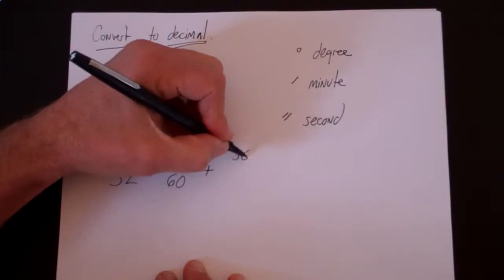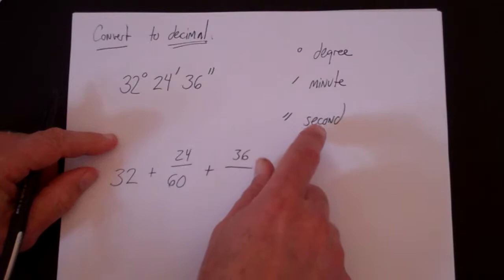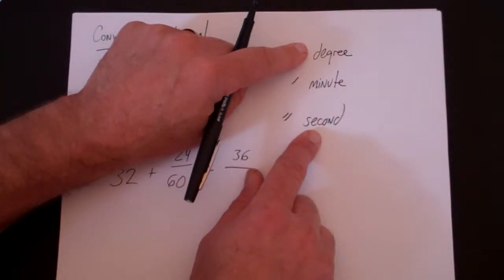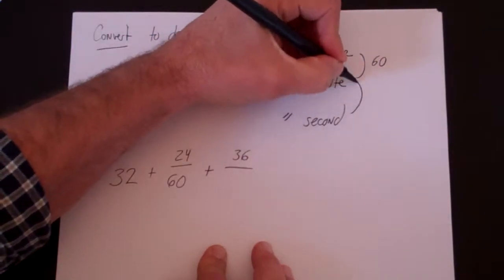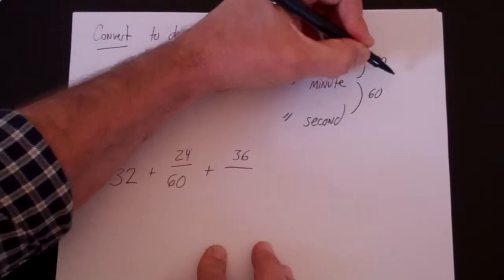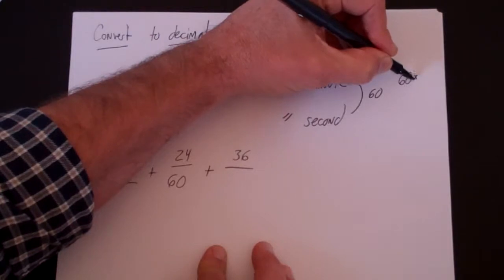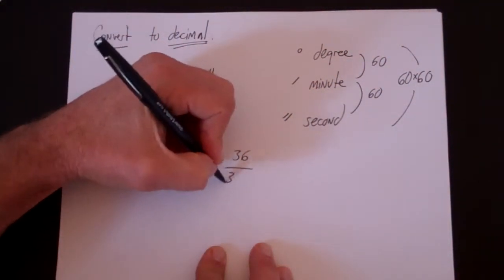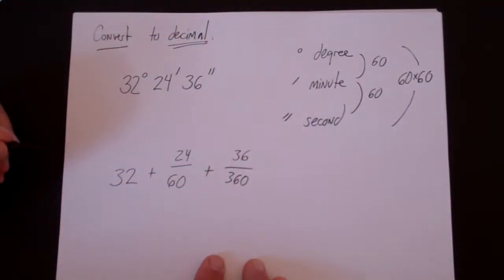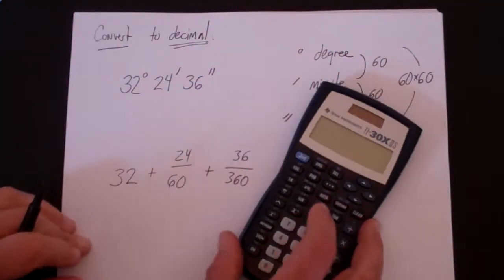plus 36. Now here you have to be careful. How many seconds are in a degree? Well, there's 60 minutes to a degree and 60 seconds to a minute, so there are 60 times 60 seconds to a degree. So that's over 3,600. And then you just plug all that into your calculator.